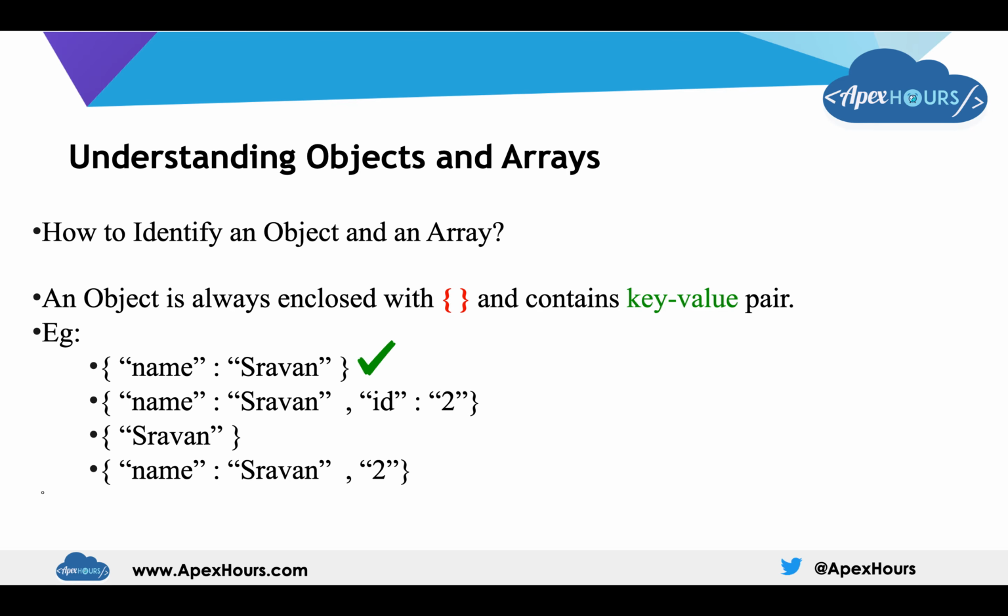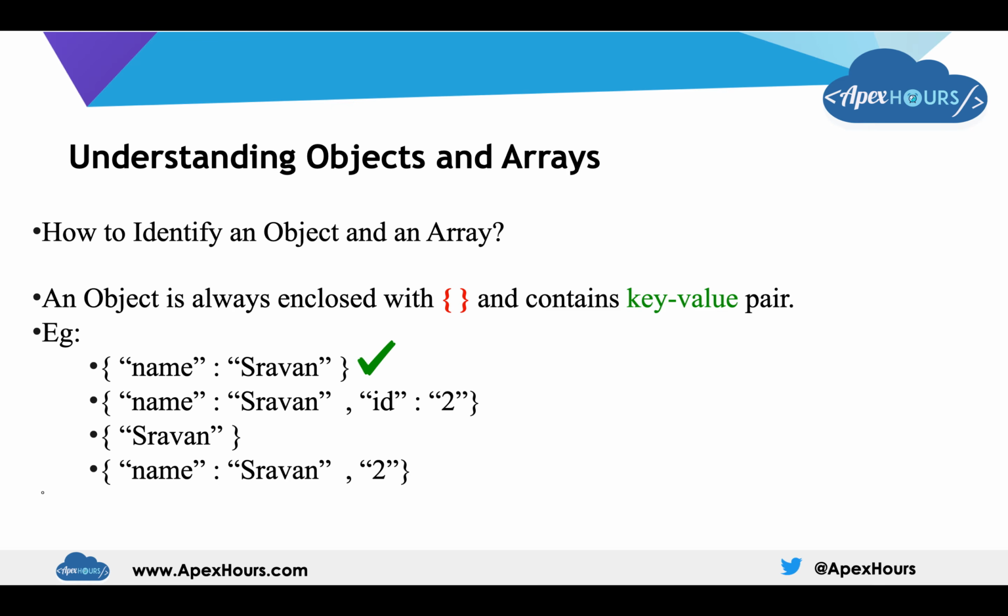Next, go to the second example. Again the outer side: I see it is enclosed with curly braces, and within this we now have two things. Name Shravan is already there in the first example, which we have seen is right, but there is one more thing, id colon 2. This id colon 2 is also a key value pair. Now we have two key value pairs within curly braces.